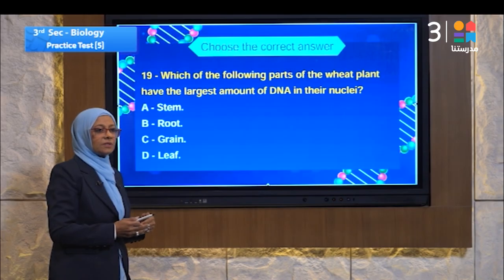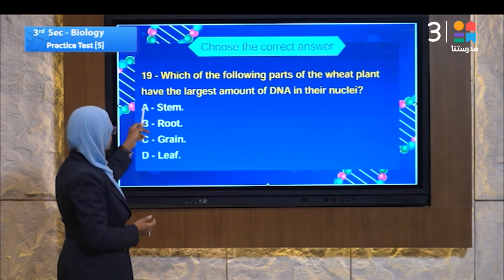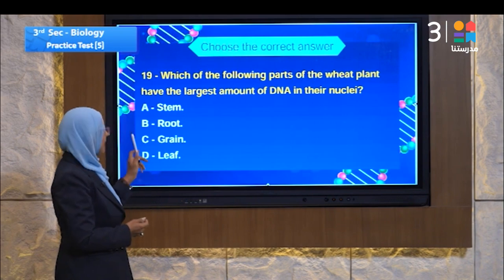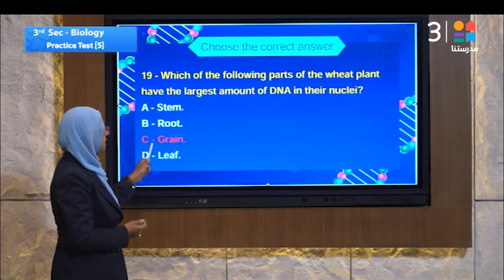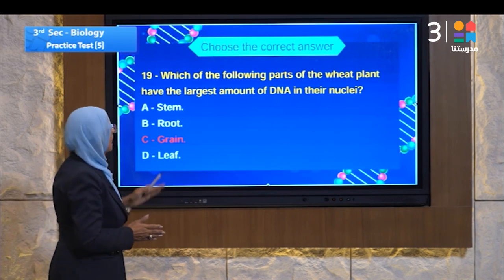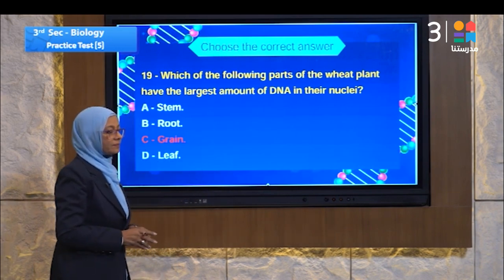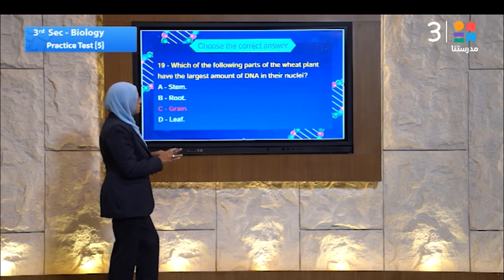It must be largest at the stem, root, grain, or leaves. The grain has the largest amount of DNA, so the answer must be grain. It contains a large amount of DNA in its nuclei because it will go into division.